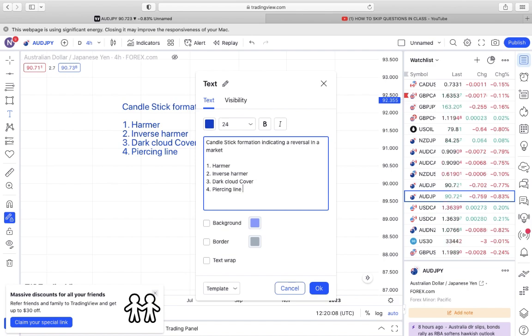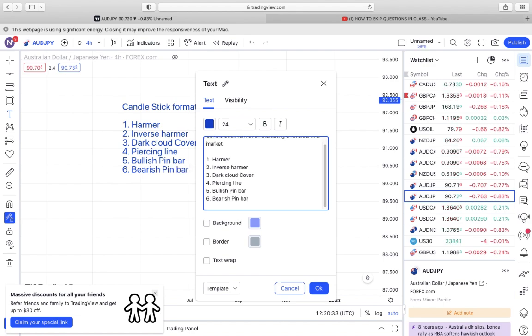Another thing we have is what we call a bullish pin bar. A bullish pin bar, the name suggests, and also we have a bearish pin bar. Then the common ones, we have both bearish and bullish engulfing candles, which everybody knows.